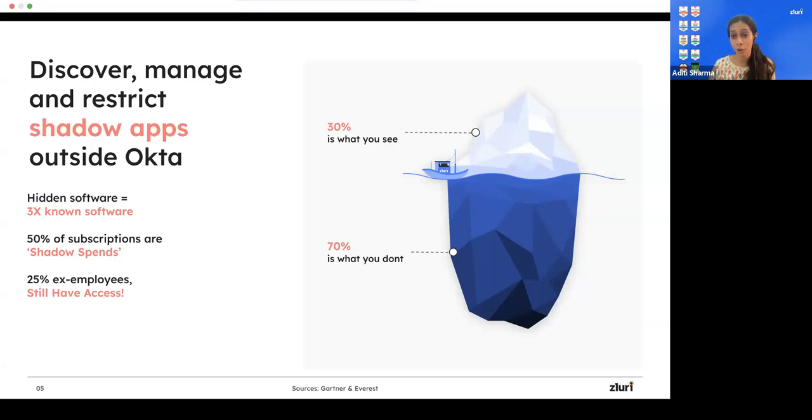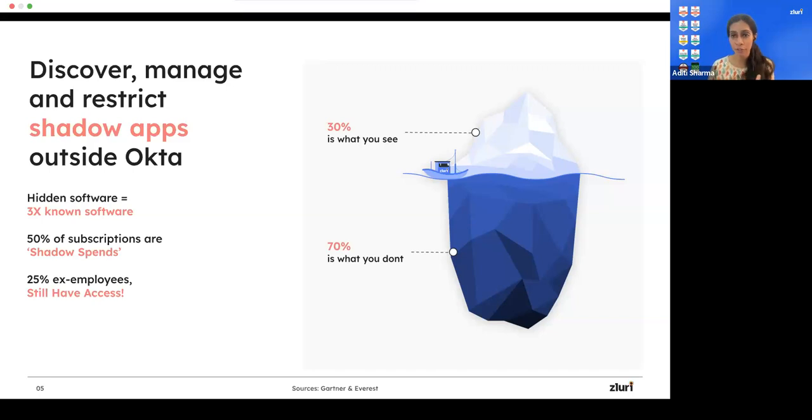But having such shadow apps within your organization can lead to many security concerns down the line. You may have no idea what applications employees are accessing, what are the apps through which they're feeding your company data, etc. So Zluri goes beyond SSOs to give you full visibility into your SaaS stack.